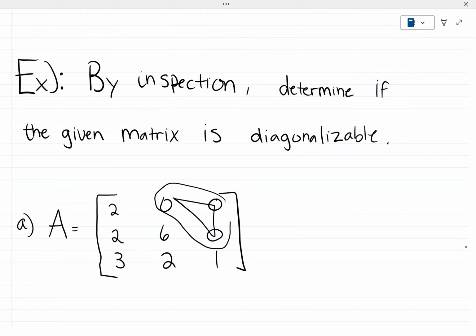If you have a triangular matrix, meaning you have zeros here or zeros here, then yes, it is diagonalizable, and that means our lambda is going to be the diagonals, 2, 6, 1.